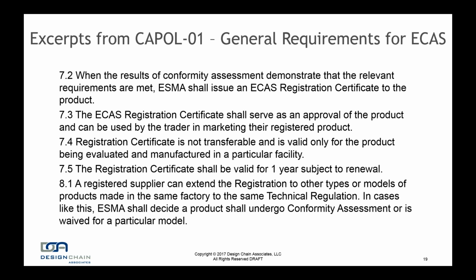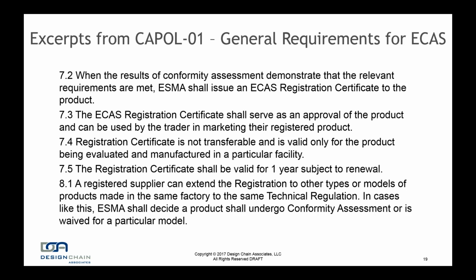So since everything you're making, presumably, that you're going to be selling in UAE is going to be produced to the requirements of this regulation, presumably, if you have a single, quote, factory, unquote, you should only have to apply for one registration certificate for your entire product line. We'll see if that's actually the case.